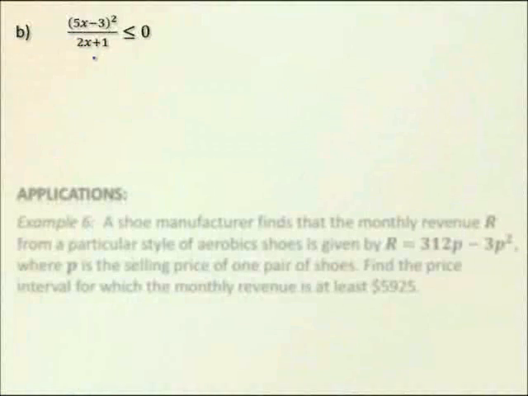Here we have one more example. This is a very special one, because it looks like it's more difficult than the previous, but it actually isn't, because if you look at the numerator, this is always positive, because of the square, right?